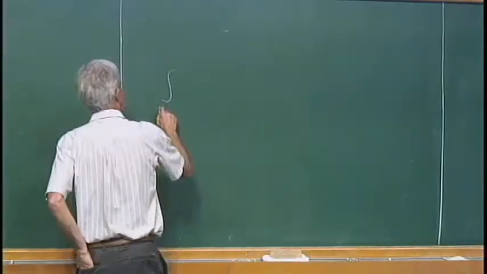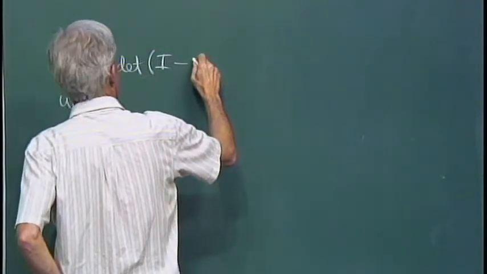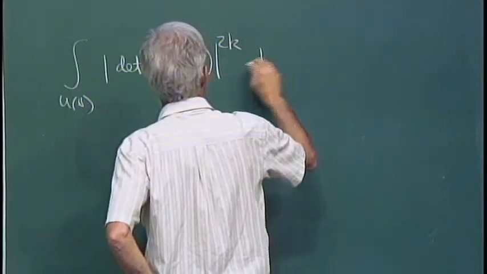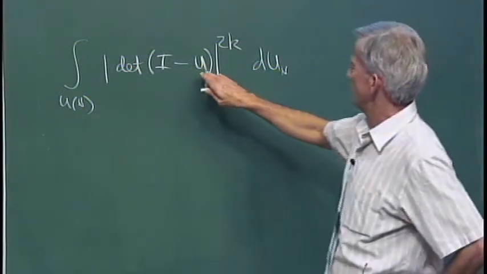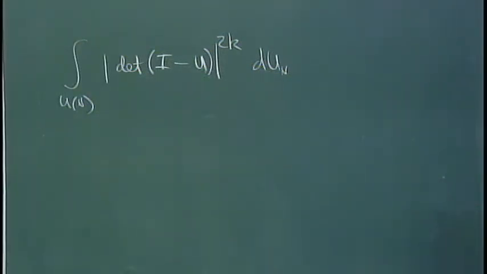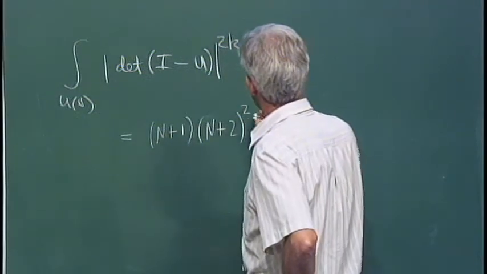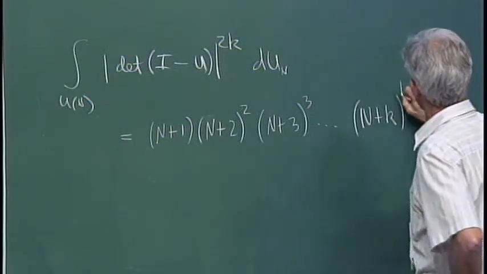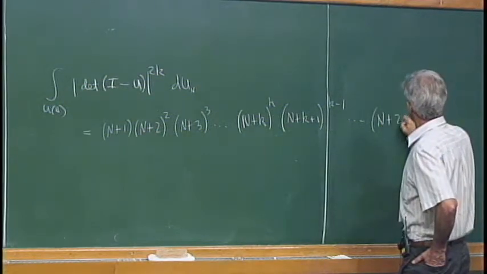So Keating and Snaith calculated the 2kth moment of the characteristic polynomial of unitary matrices, let's make this a U, averaged over the unitary group with the Haar measure, and got a beautiful formula: n plus 1, n plus 2 squared, n plus 3 cubed, up to n plus k to the k, n plus k plus 1 to the k minus 1, and then down to n plus 2k minus 1.